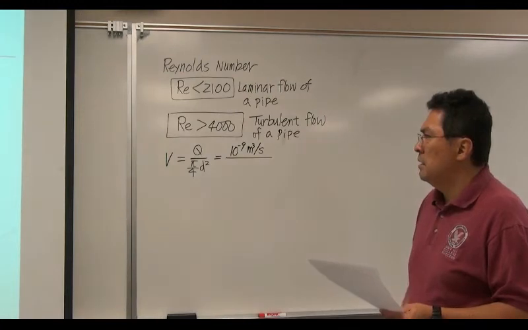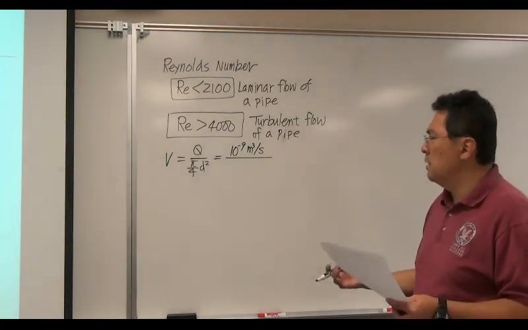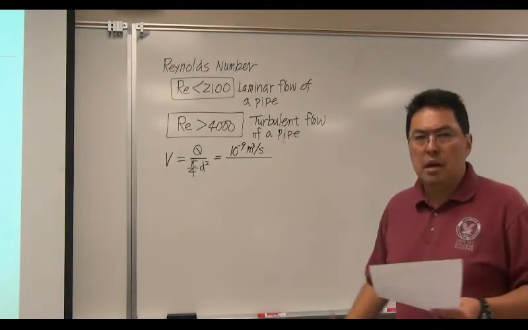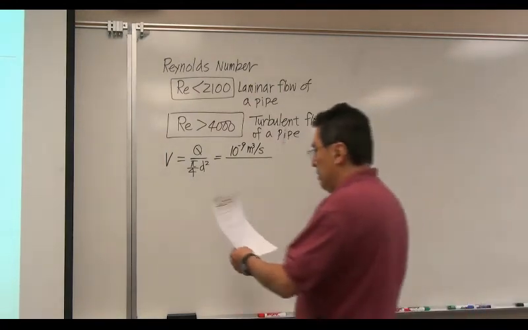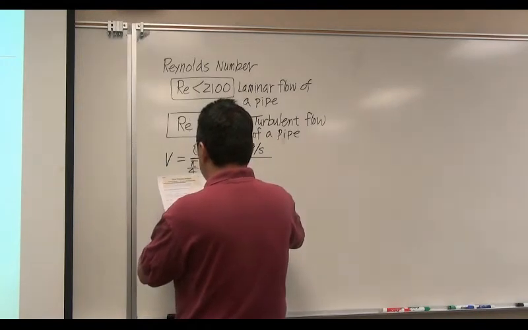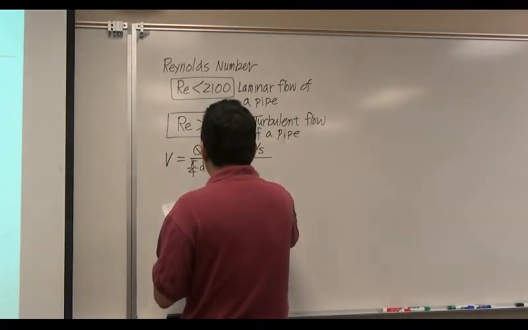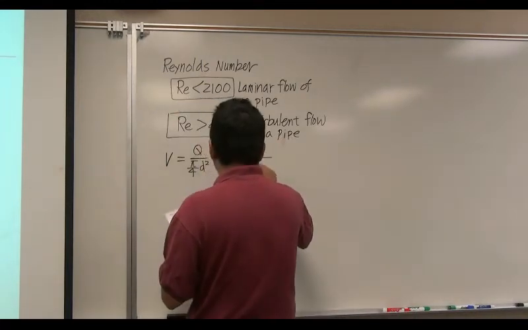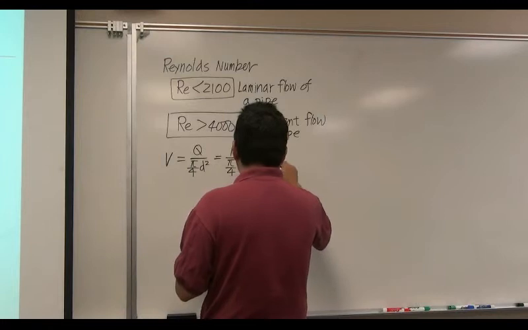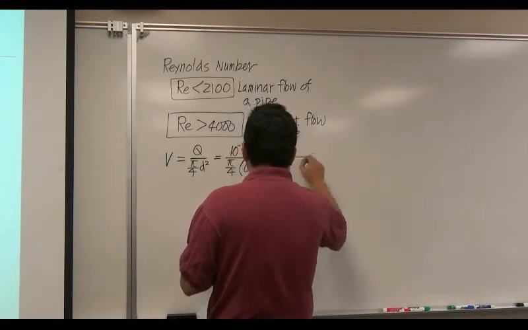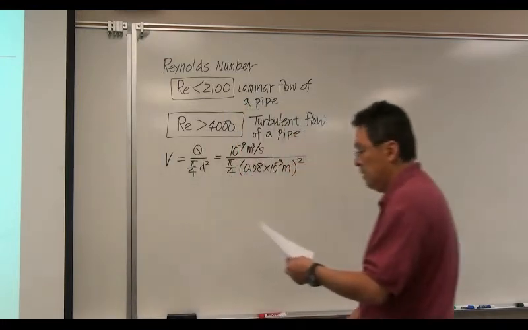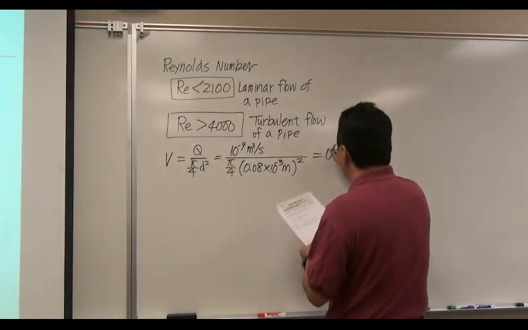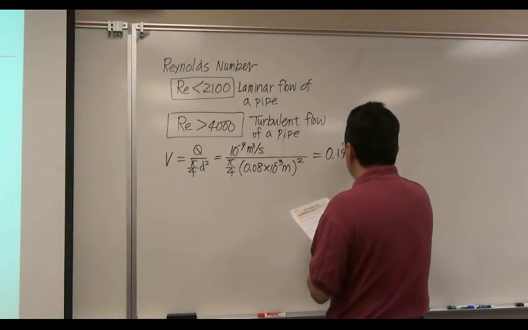So I guess the passageway is so small diameter, so each one of those passageway can only take this much flow rate, but you have lots of passageway in your lung. Anyways, okay? Pi over 4 times diameter of each passageway is 0.08 millimeter times 10 to minus 3 meter. Okay? This is going to give you velocity average 0.199 meter per second.